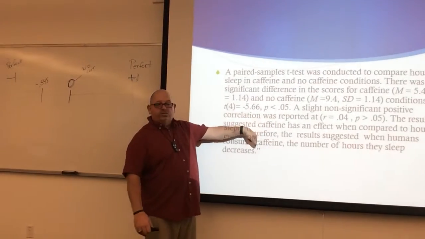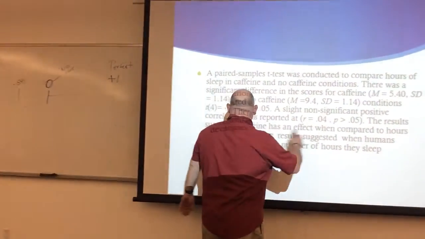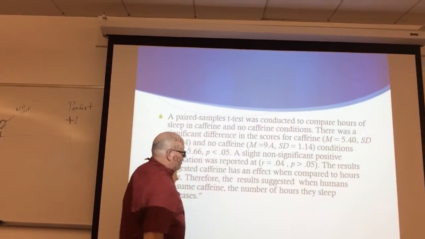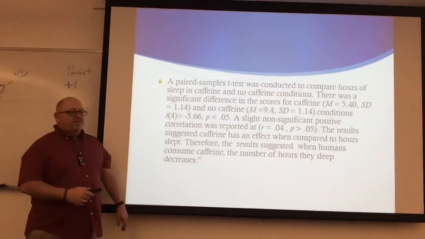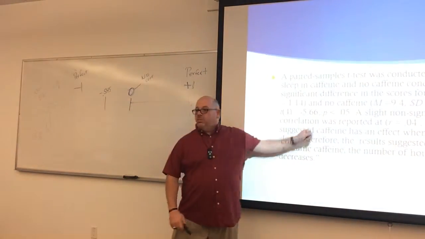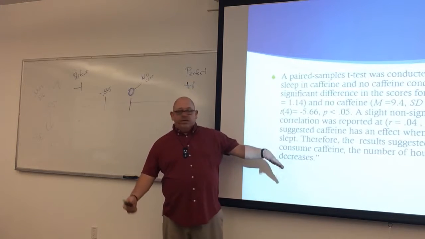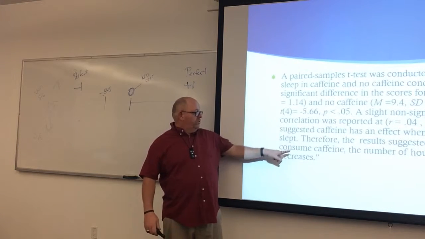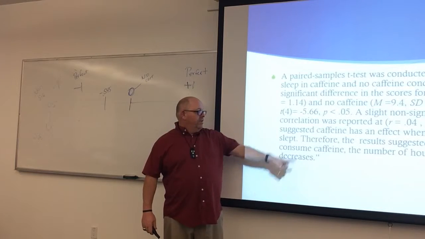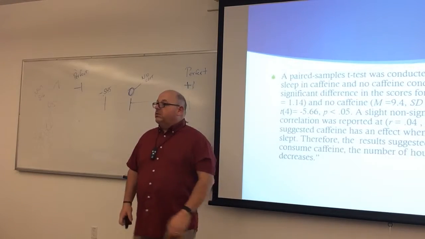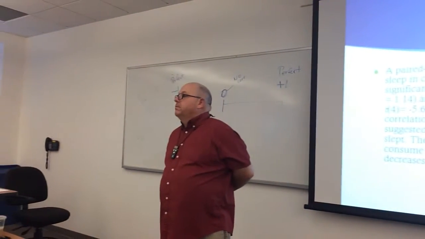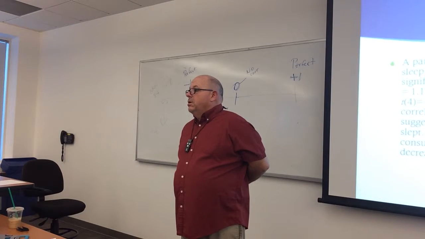So I don't write two sentences. I don't write the results suggest that caffeine has an effect compared to hours slept. And the next sentence would be the same, except I would just put no caffeine in there. It's a given. But then I've got to kind of bring it all together, suggesting when humans consume caffeine, the number of hours they sleep decreased. Okay? So you wouldn't put those two, you would combine them?